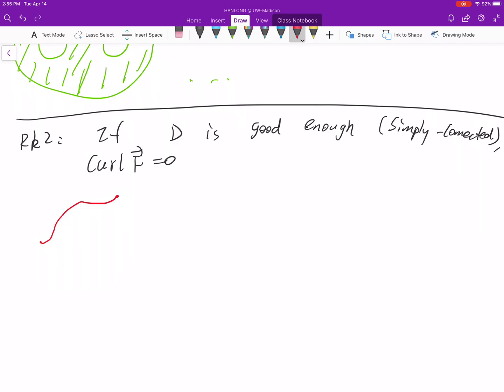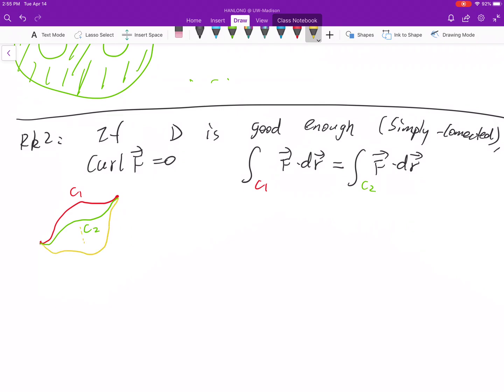Suppose you want to compute the line integral over C1 of F dr. You can deform it to C2, and etc., deform all the way to C star.